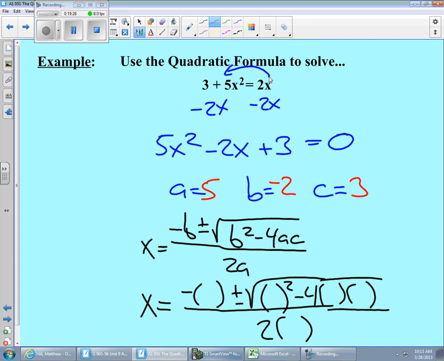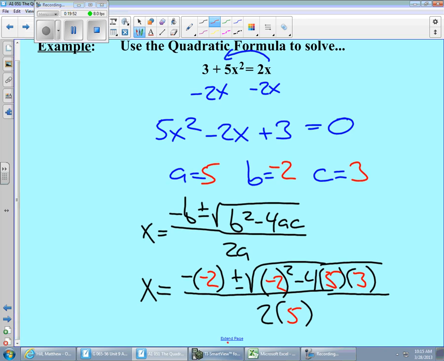I'm just giving us an opportunity to fill in the blanks. All we have to do is just follow along. The formula said b. Let's go get b and plug it in. Formula said b again, get b and plug it in. Formula said a, get a and plug it in. Formula said c, get c and plug it in. And then in the denominator, the formula had another a, so get a and plug it in.